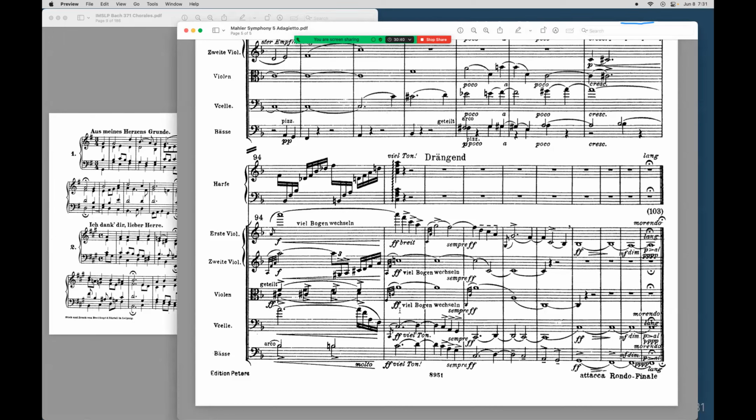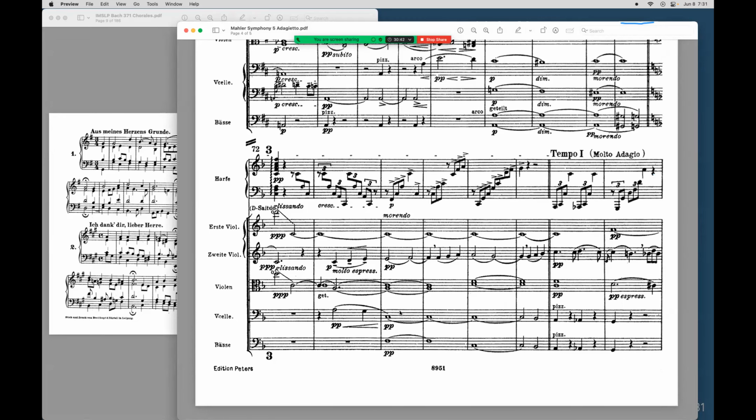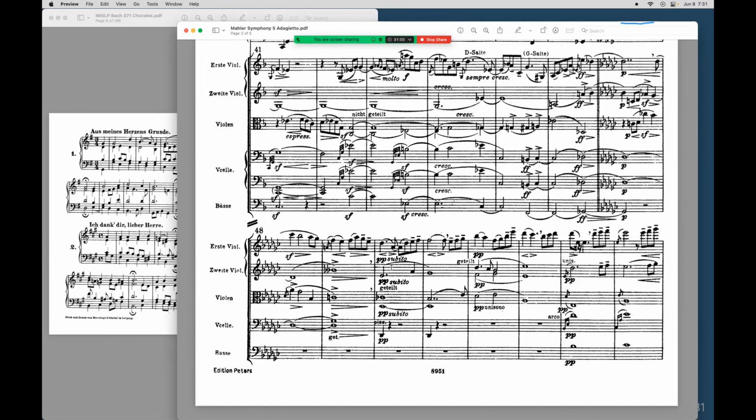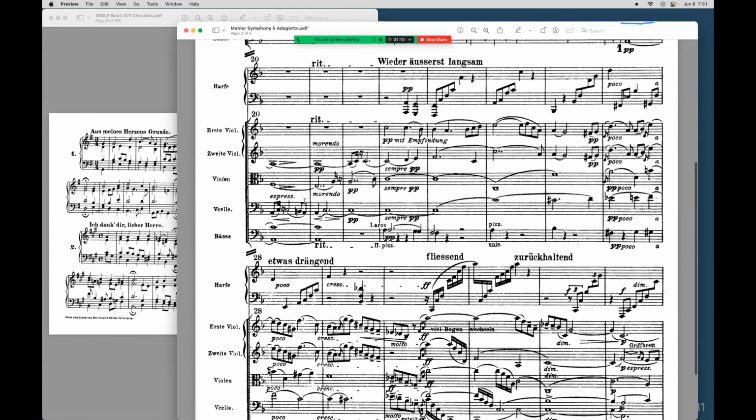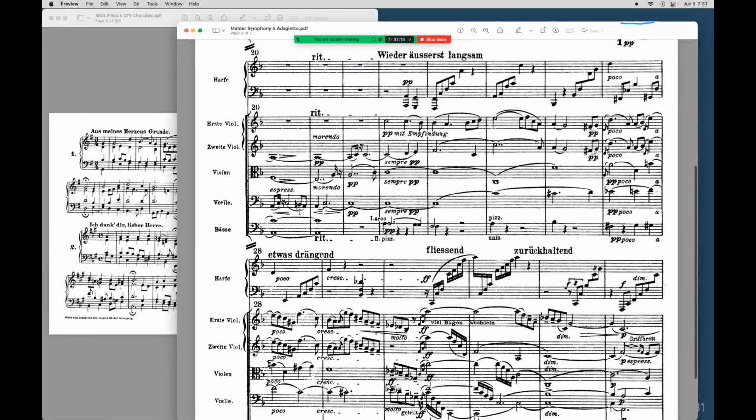Another function of the cello is that it's sometimes called upon to act as an inner voice. In other words, using the cello as a tenor part or a baritone part is another thing the cello gets called on to do from time to time. So for instance, if we go here to measure 25, well, actually, there's a great example of it right here in bar 20, where there's this interesting little inner voice thing happening right here.